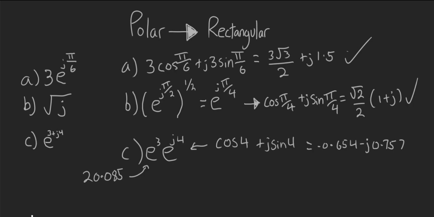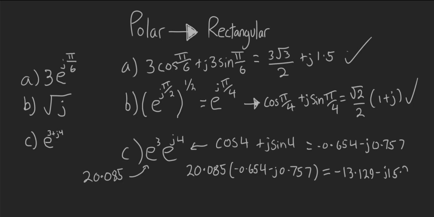So these two are being multiplied, so let's simplify this. 20.085 multiplying the bracket of minus 0.654 minus j 0.757, and this, by expanding the bracket, is equal to minus 13.129 minus j 15.2. That's your solution for part C.